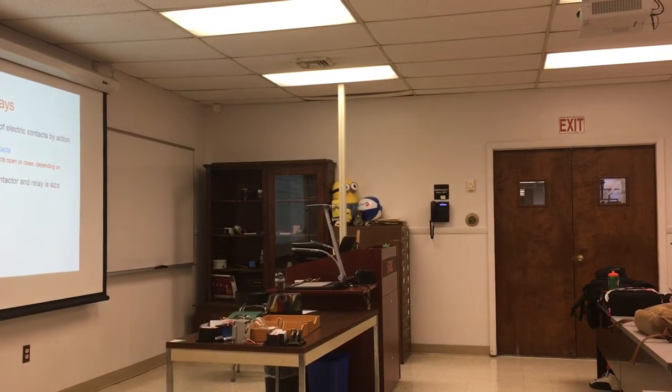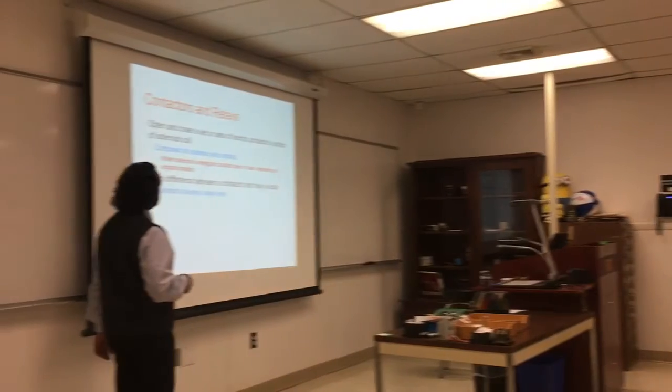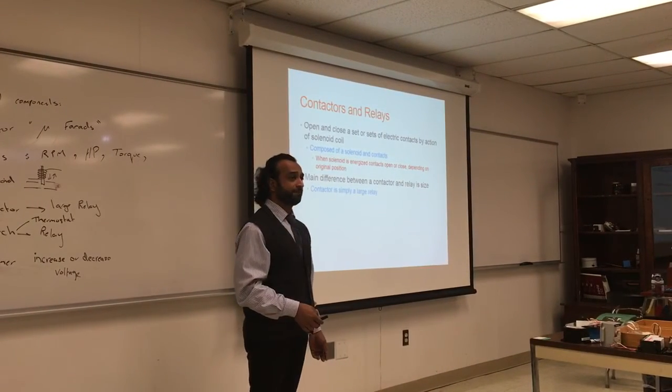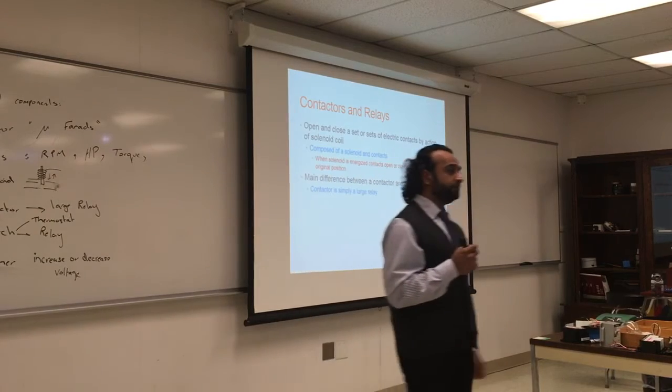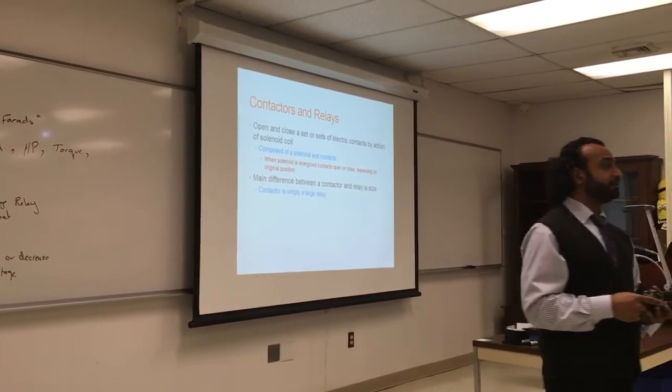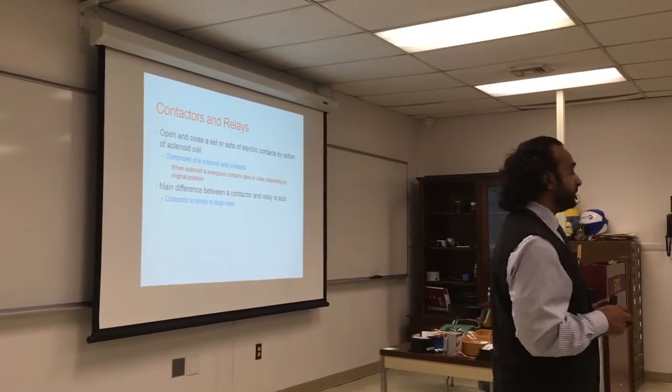So solenoids and contacts: when the solenoid is energized, contacts open or close depending on the original position. Something to remember: when the solenoid is de-energized, we call that the normal state.